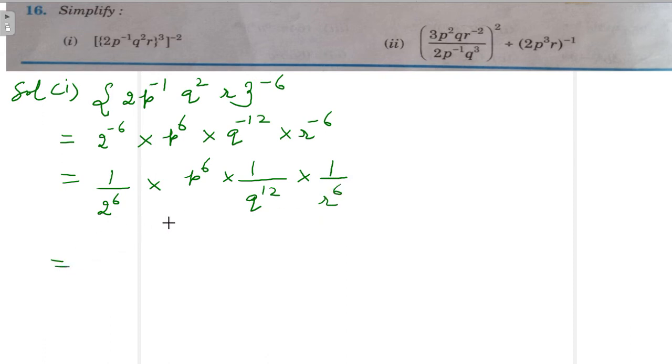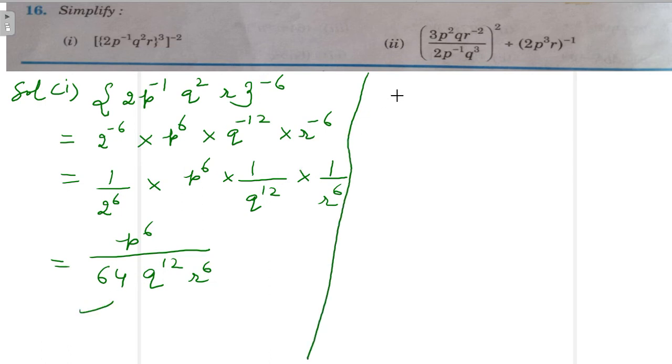So what would this become? P raised to power 6 upon 2 times 2 is 4, times 2 is 8, 16, 32, 64, multiplied q raised to power 12 and r raised to power 6.